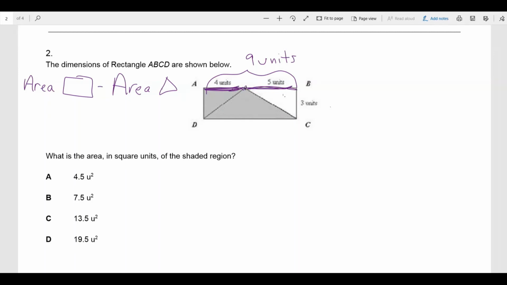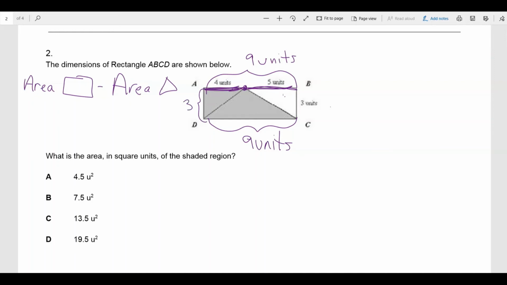We don't know what that point is, but it doesn't really matter. So that means DC is also 9 units. The other way you could look at this problem is that the gray area is a trapezoid with bases of 4 and 9 and a height of 3.